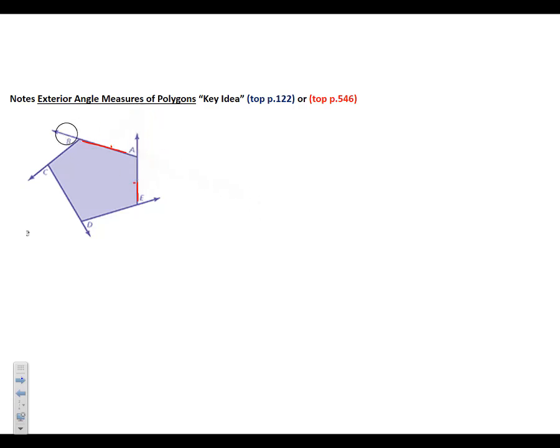And here's why. Because the sum of the exterior angles for any convex polygon, you wrote these notes down, is equal to 360 degrees. The sum of the exterior angles is equal to 360 degrees.